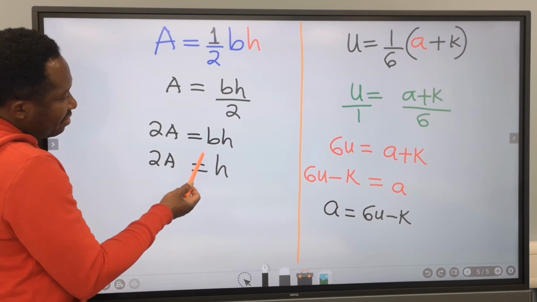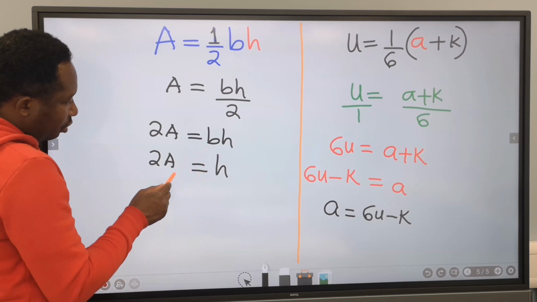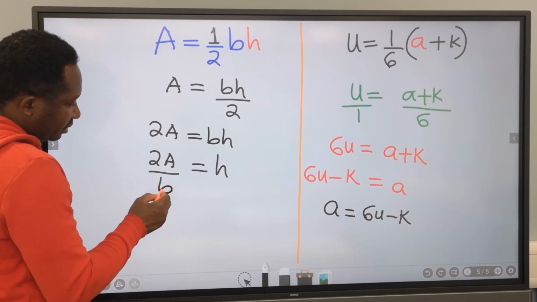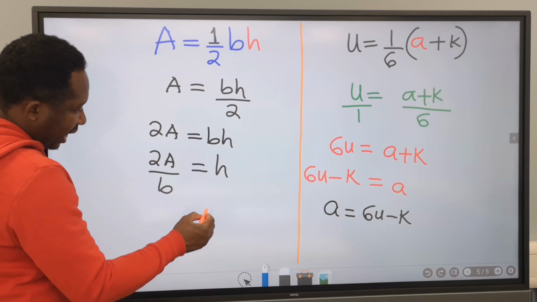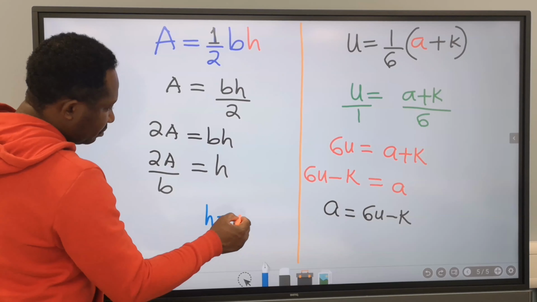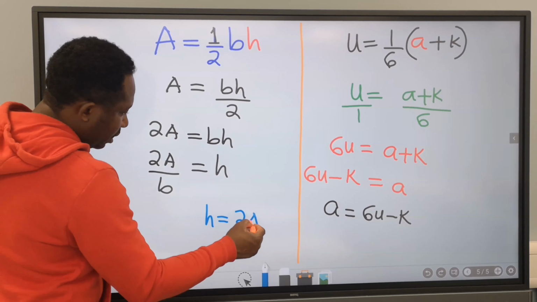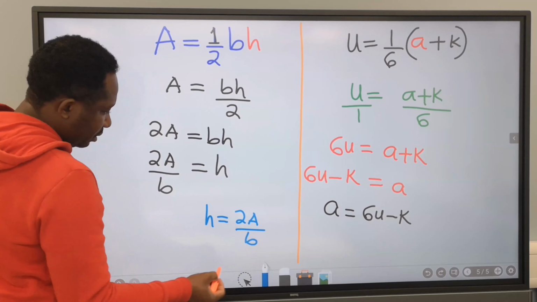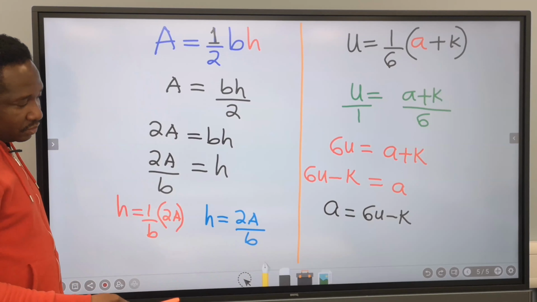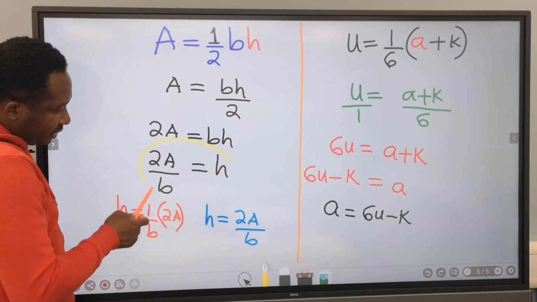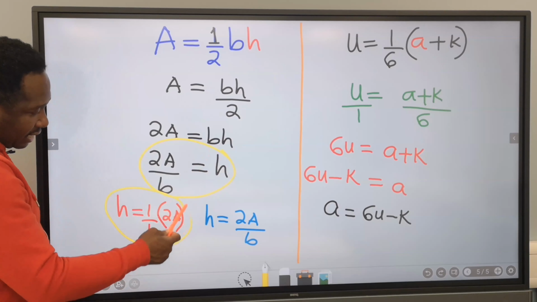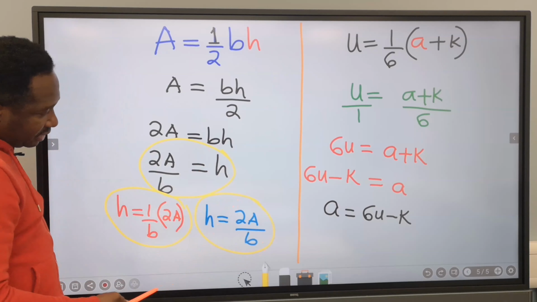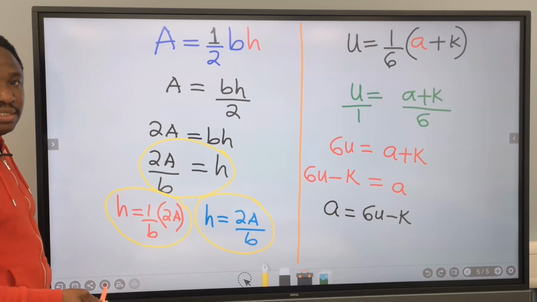If a multiplying variable moves across the equal sign, it's going to divide. I can rewrite this as h is 2a divided by b. Whether I leave it like this, or like this, or like this, all of them are the same thing.